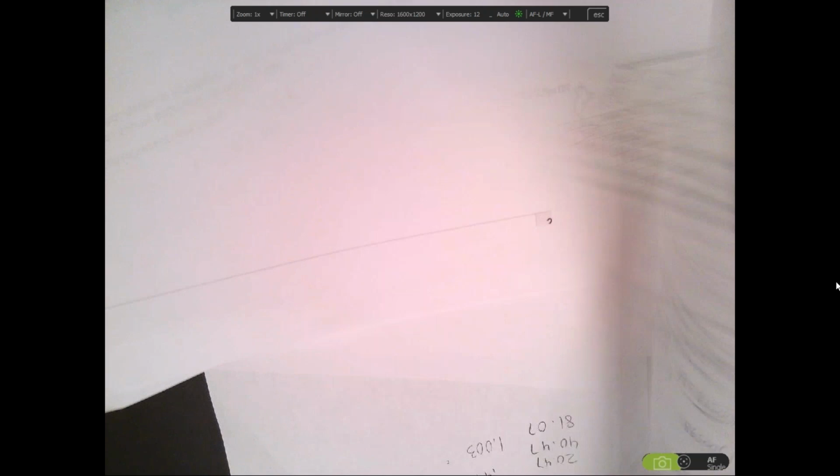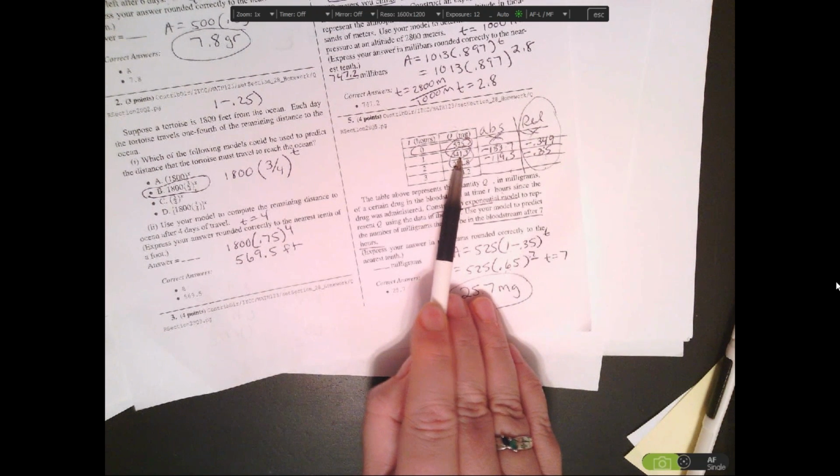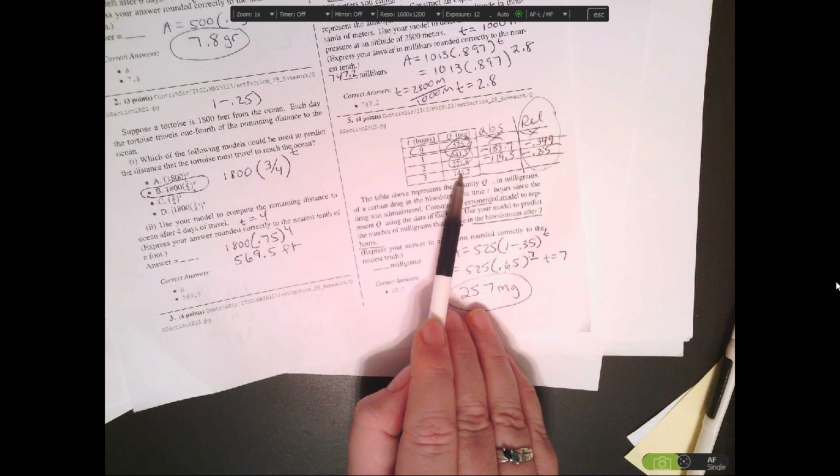Where'd it go? I don't know where it went. Right there it is. If you divide the new by the previous and they all come out the same, that is your exponential growth right there, or decay. But then you don't add the 1, so that gets some people confused.